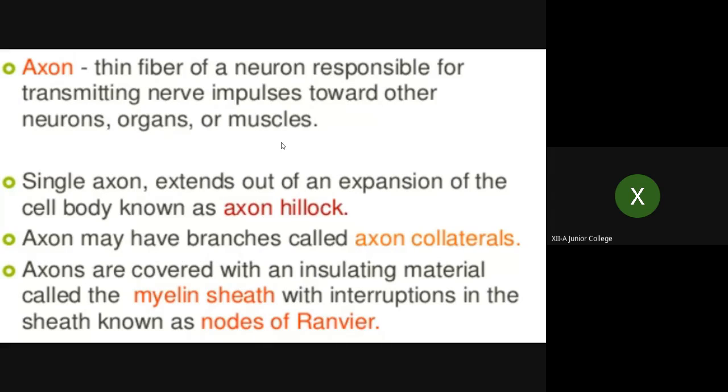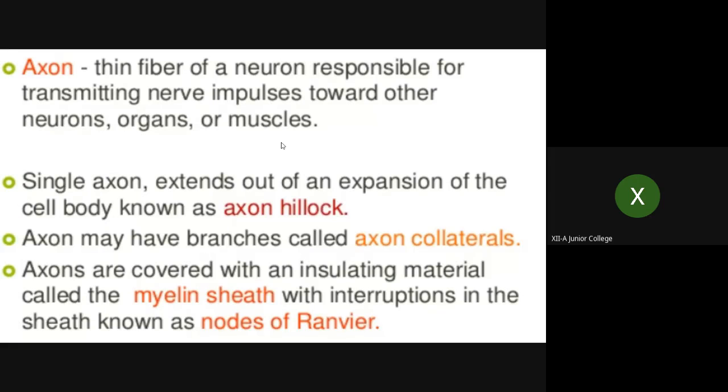Axon may have branches called axon collaterals. I showed you the previous branch. Generally these are unbranched, but whenever a branch is seen, that is called an axon collateral. Laterally it is present, parallel to that it works, that is what collaterals means.